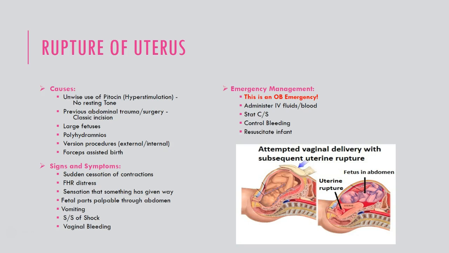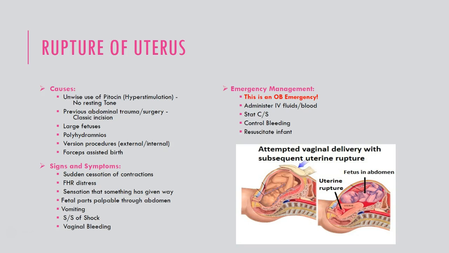Polyhydramnios, same concept, the uterus is too big. Version procedures, so the physician has tried to rotate the baby from an internal or an external standpoint and caused a rupture. And forceps can also rupture a uterus as well if they're not used appropriately.